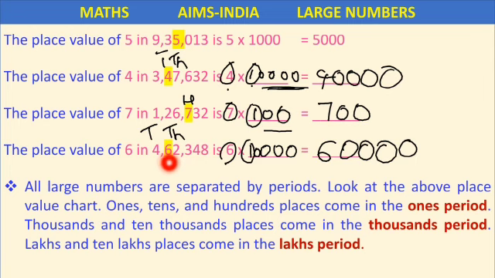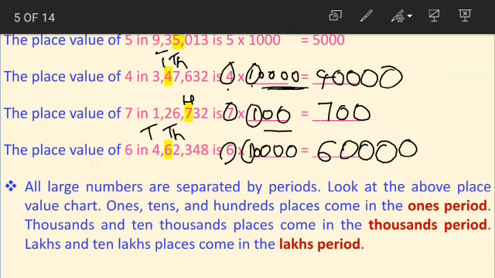They belong to the thousands period. This number 4 belongs to what? It belongs to the lakhs period. See, we are separating numbers based on their periods. We keep commas after the end of each period. Or as I said, we can simply remember that the first comma is to be placed after 3 digits and then we place commas after every 2 digits. Right, children? I hope you remember this.